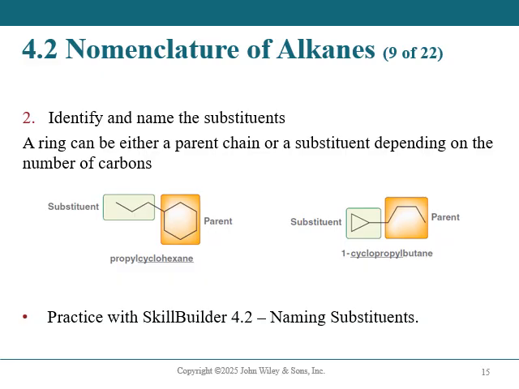Once we identify the substituents, we start naming them. So for instance here, a ring can be either parent chain or a substituent. It really depends on the number of carbon atoms. Here, for example, I have a 6-member ring or a cyclohexane, and I have a 3-member chain next to it. So 6 is larger than 3, therefore the cyclic part of the molecule is the parent chain, parent cycle in this case.